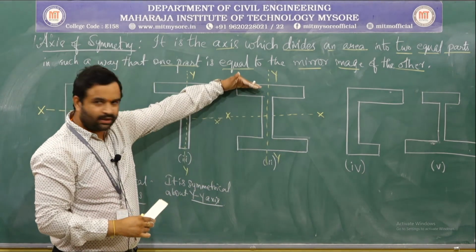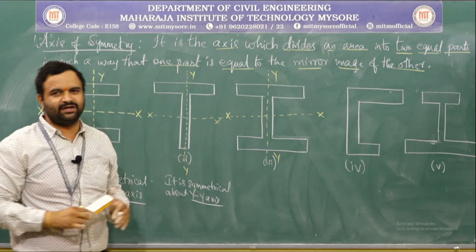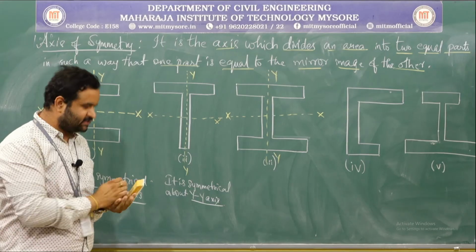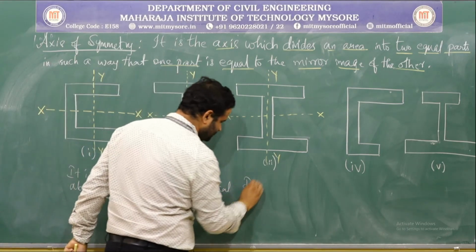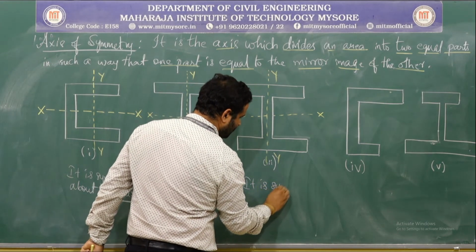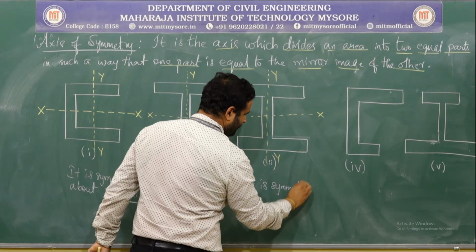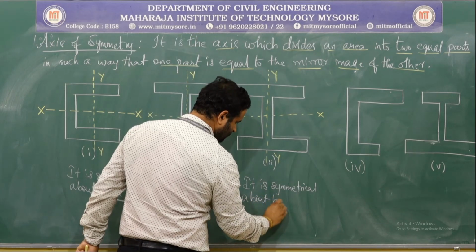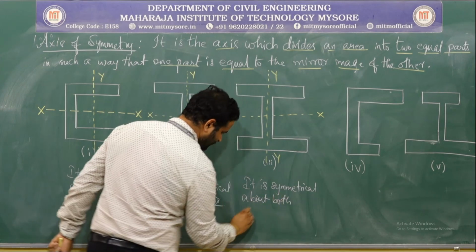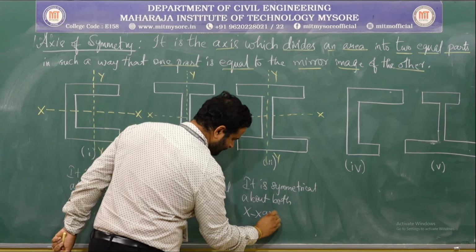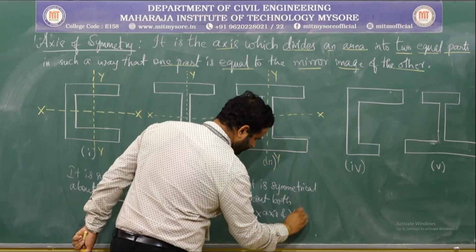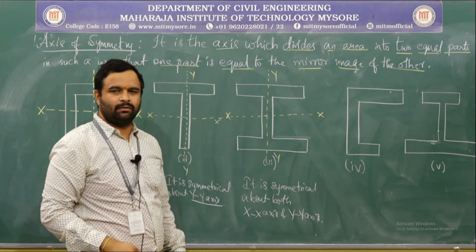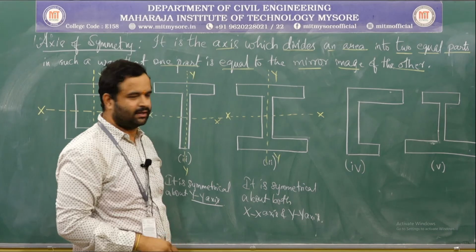So, this part also looks like the mirror image of the other, yes or no? So, what we can say in this figure, it is symmetrical about both x axis and y axis. So, in this figure both the axes are symmetrical.